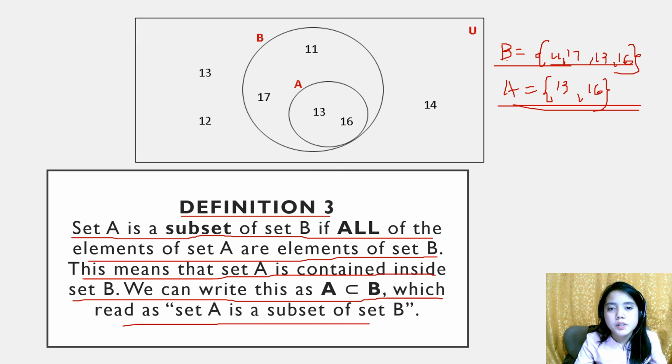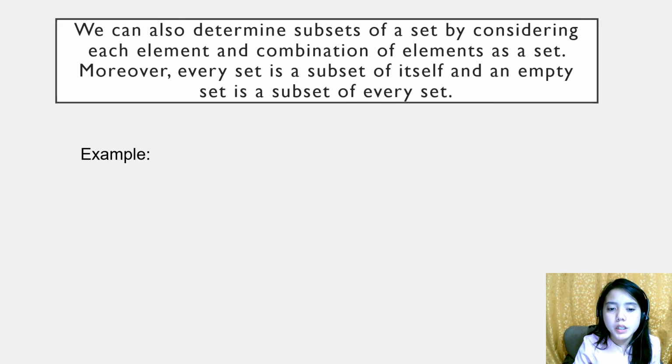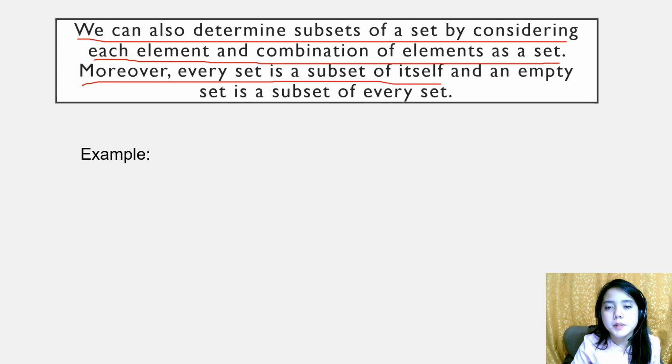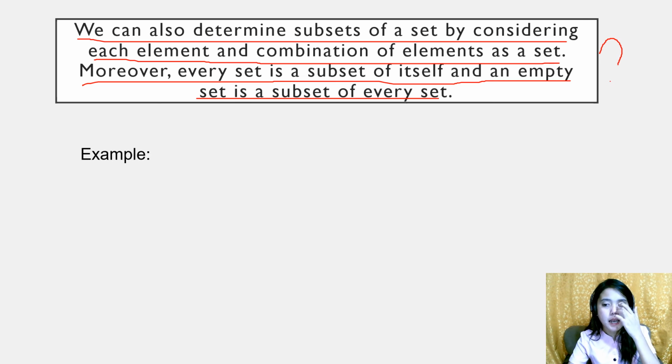Okay, let's proceed. Okay, we can also determine subsets of a set by considering each element and combination of elements as a set. Moreover, every set is a subset of itself, and an empty set is a subset of every set. Unsa day pasabot ani? Okay, let's have our example.